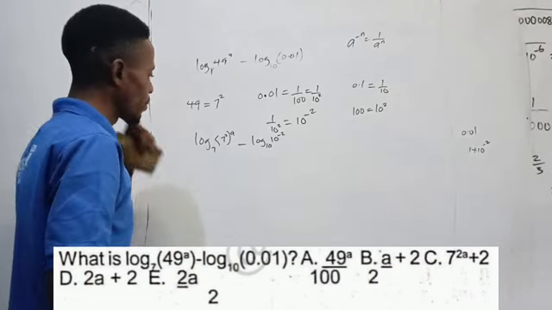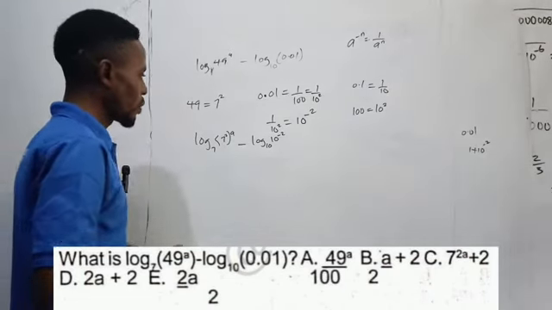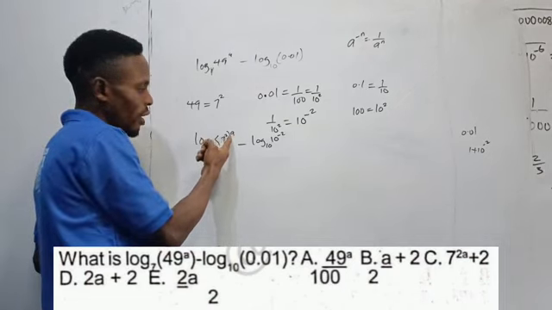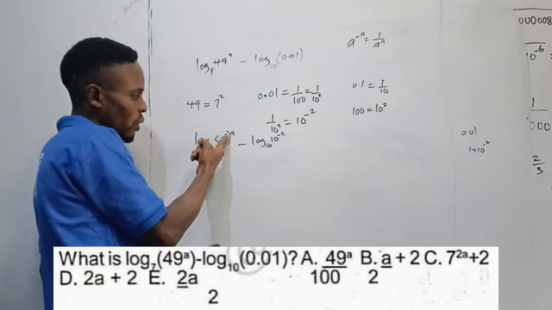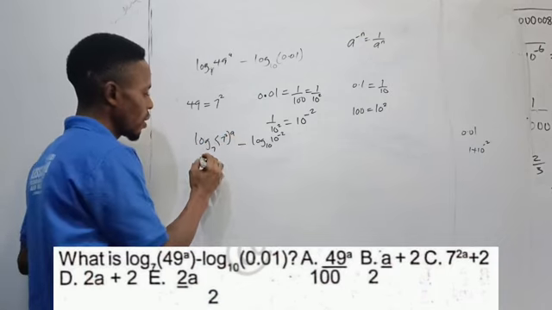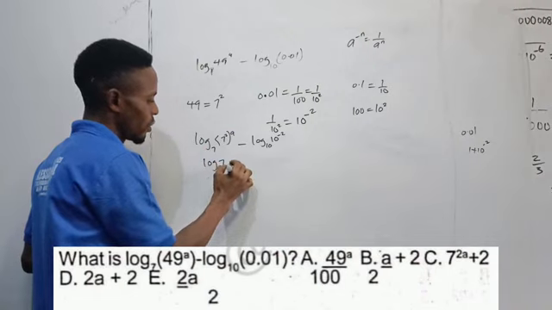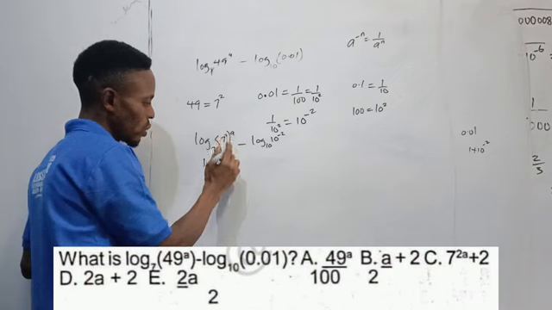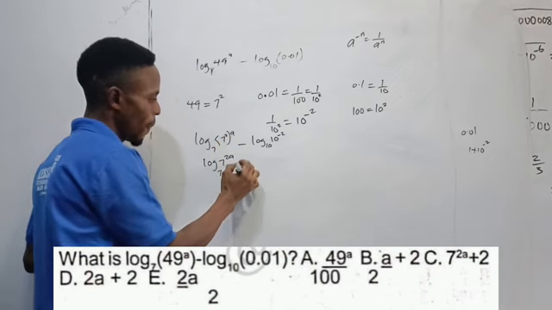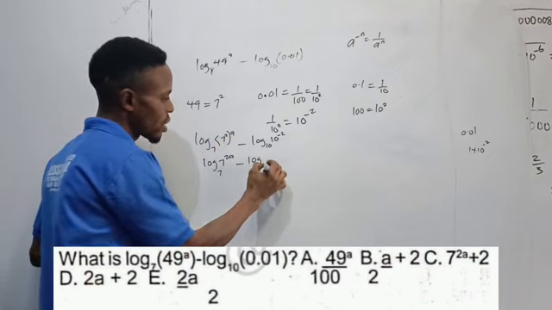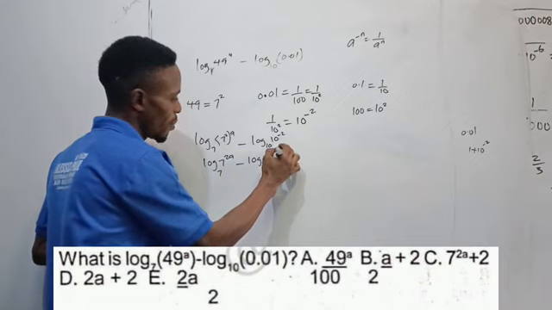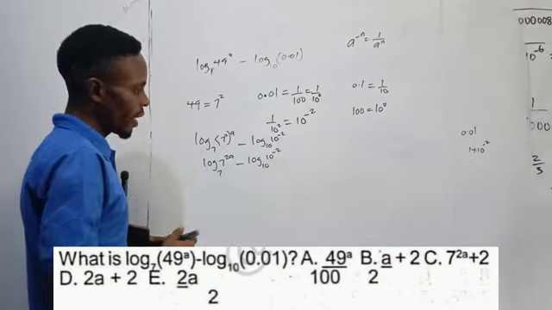So the next thing you have to do here is the power law of indices. We have 2 times a, that gives us 2a. So we have log base 7 of 7 times 2a, minus log base 10 of 10 raised to the power minus 2.